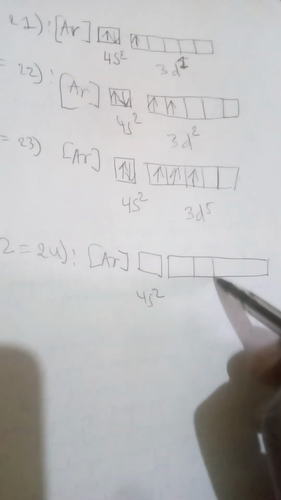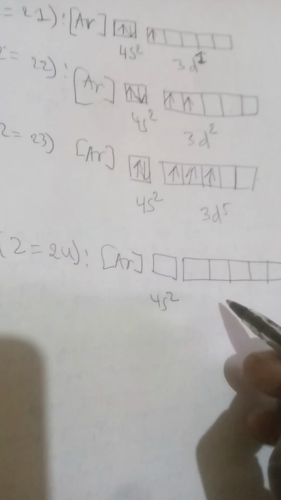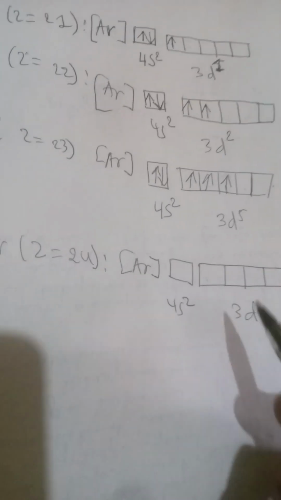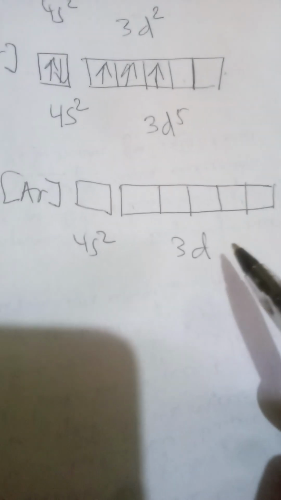I may have 4s2. 1, 2, 3, 4. 1, 2, 3, 4, 5. 3D. Here I can put 2, and here I can put 4 if I respect what I did for others.